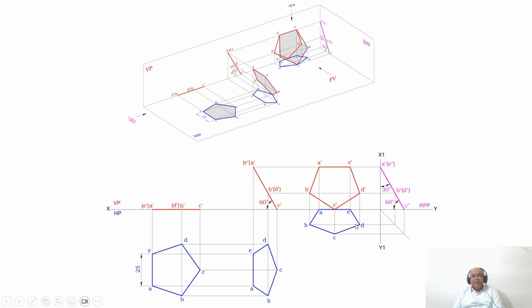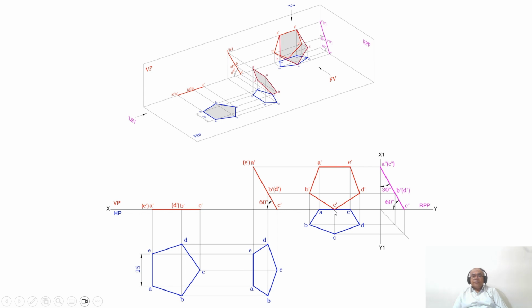And from B and D, you draw a horizontal projector to the 45 degree line, and from here you draw a vertical projector to the side view and draw a horizontal projector from B dash and D dash. Both these 2 points are going to intersect at this point. You look from the left side view, so B double dash is visible and D double dash is away from the observer, therefore D double dash is kept in bracket.